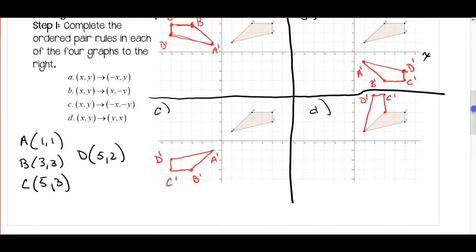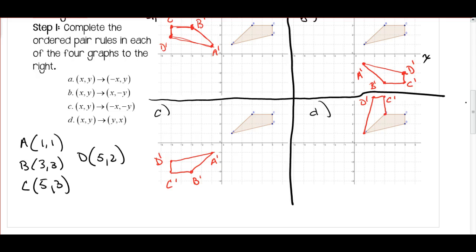And then for part C, if we put part A and B together, if we flip it over the y-axis into the second quadrant, and then we flip it down over the x-axis, we would get this. Flipping over the x and the y is one of our types of symmetry that we talked about in lesson 1.